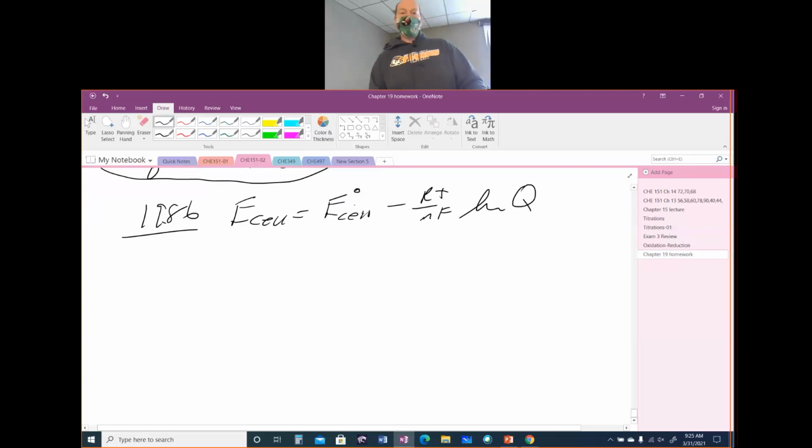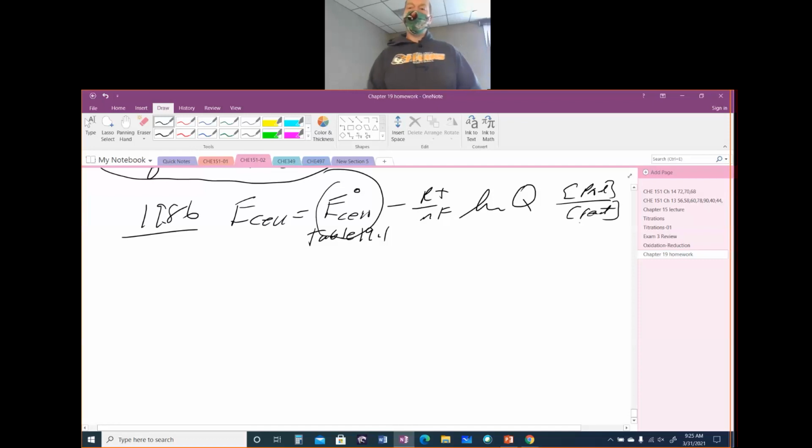So E cell, this is off of table 19.1. You will calculate your E naught cell off of table 19.1. E cell, you're either going to calculate it or it has to be given. When you're looking for Q, that of course is your concentration of products over reactants.